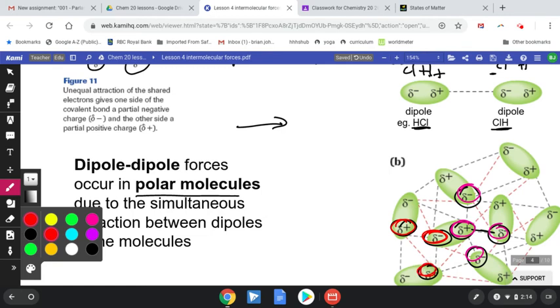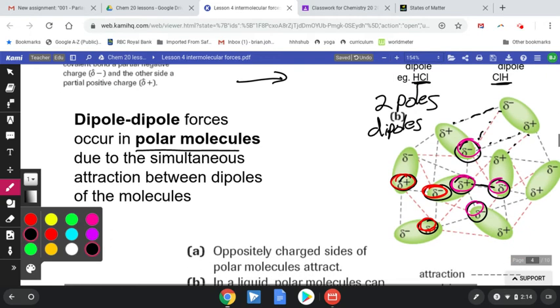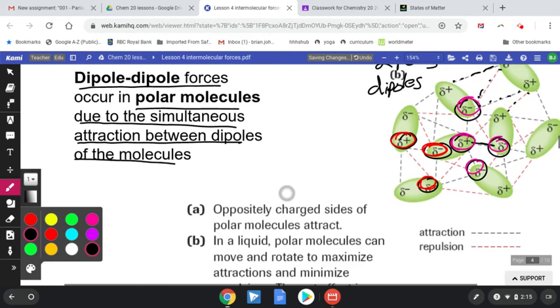So all of these dashed lines are representing these intermolecular forces between the two poles or the dipoles of each of these polar molecules of HCl. In word form, they say a dipole-dipole force occurs in polar molecules due to the simultaneous attraction between the dipoles of the molecules.